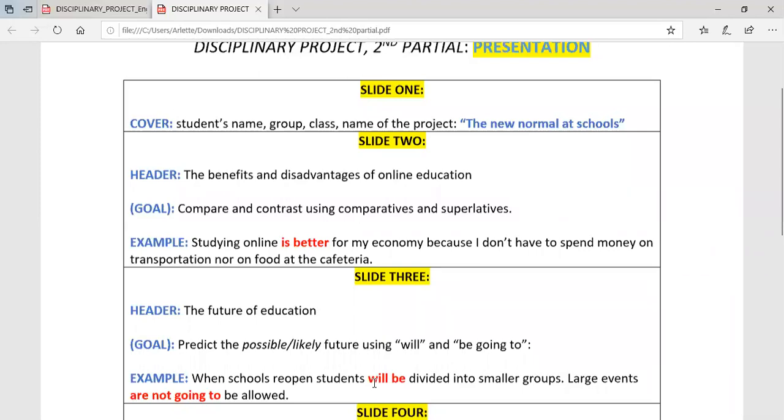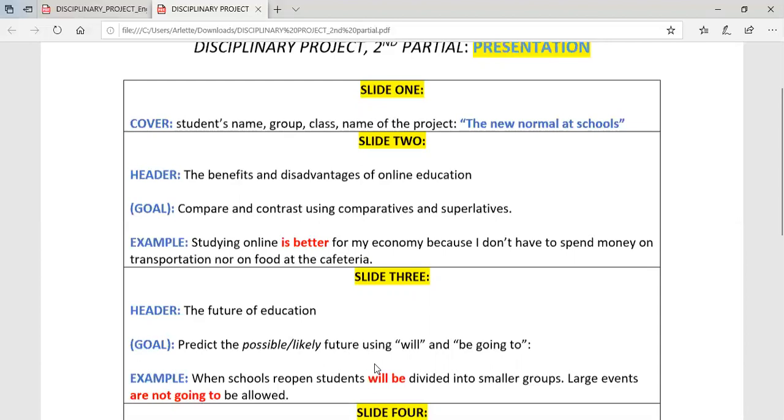And when we have evidence, we use going to, okay? We use going to to make predictions based on tangible or clear evidence, okay? So you can use, in this case, will and going to, but also here in the second slide, you can use future in the first conditional. Remember that in the first conditional, guys, we use future as well.